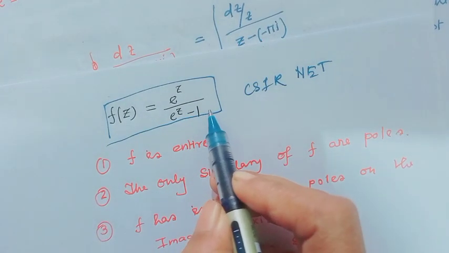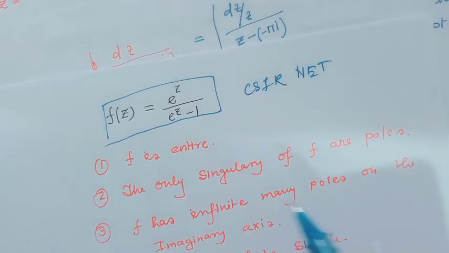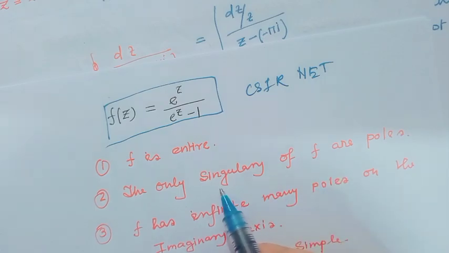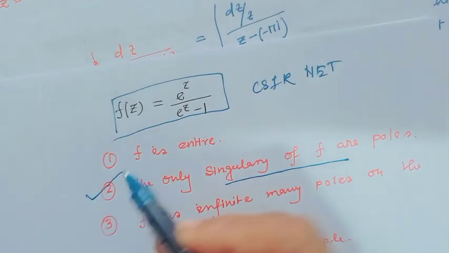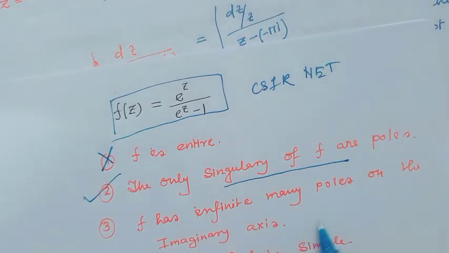If the denominator value is 0, that means the limit tends to infinity. When the limit tends to infinity, the only singularity of f is a pole. So f is entire, this is wrong. f has infinitely many poles on the imaginary axis.